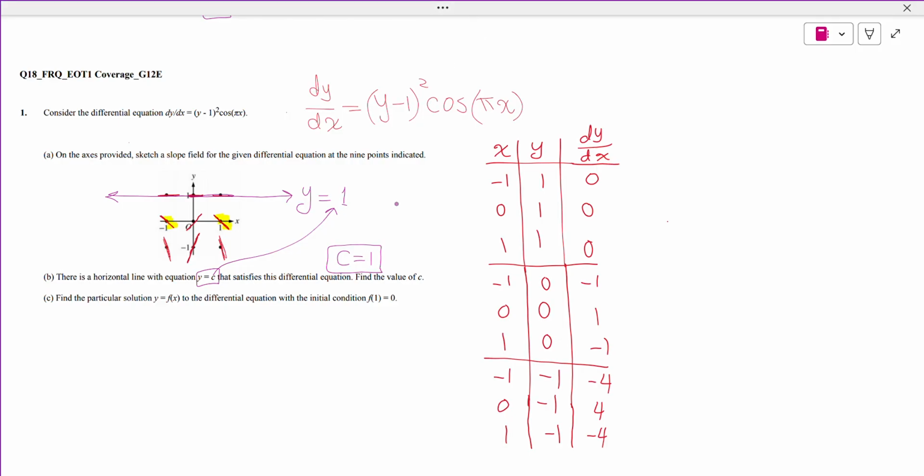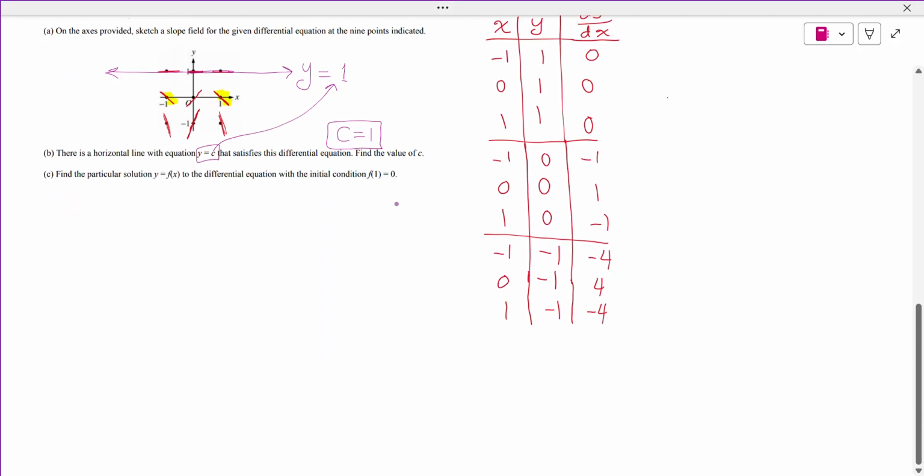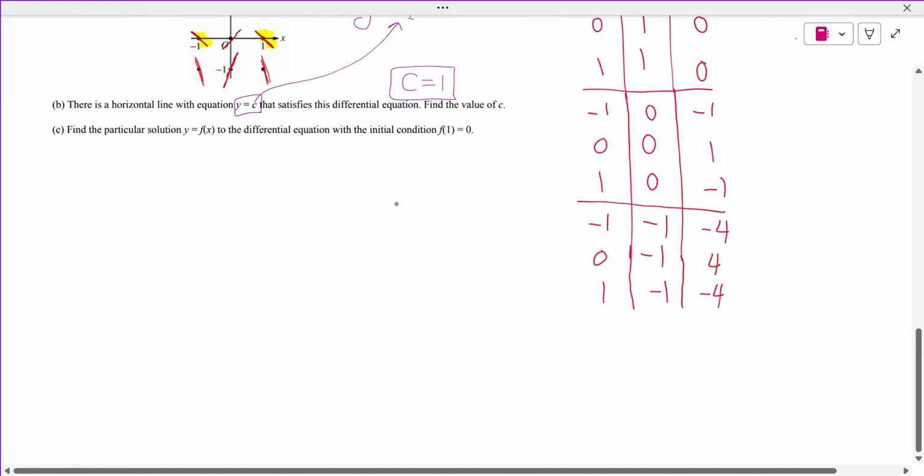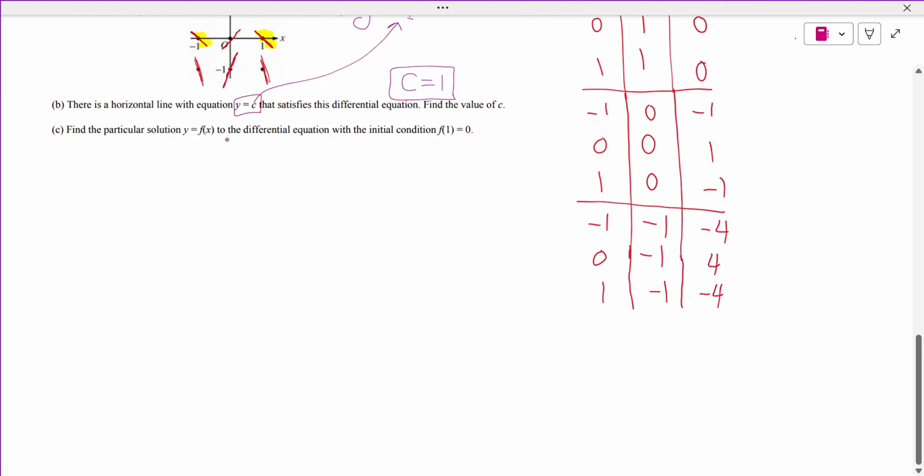Okay, now for the third part, which is part C, it says find the particular solution to the differential equation with initial condition 1 and 0. So we have to find the general solution. We will use the initial condition to find the value of C, and then we will find the particular solution.